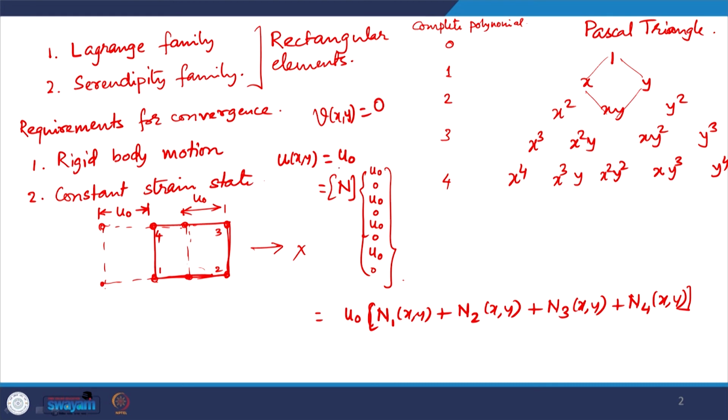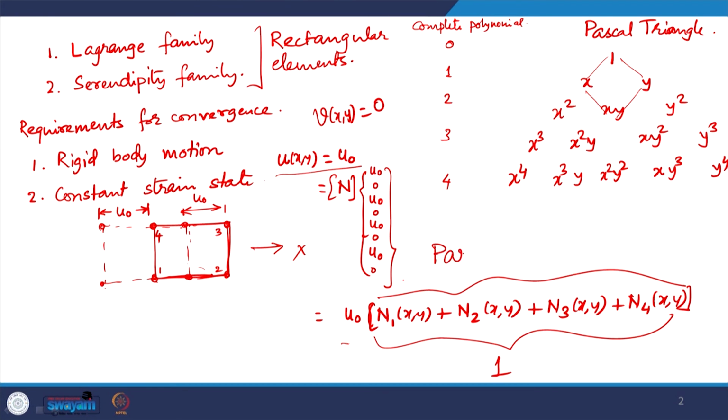On the left hand side we have u 0, on the right hand side we have u 0 multiplied by this sum of interpolation functions of all nodes. Now, this rigid body mode can be captured only if this sum is equal to 1, and this is what we call the partition of unity.